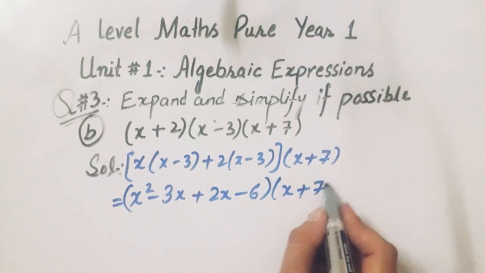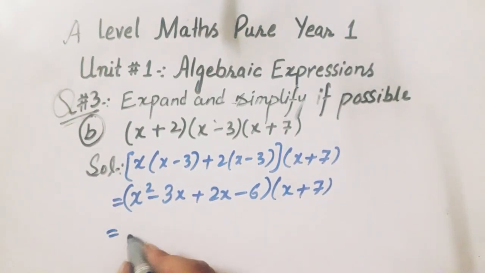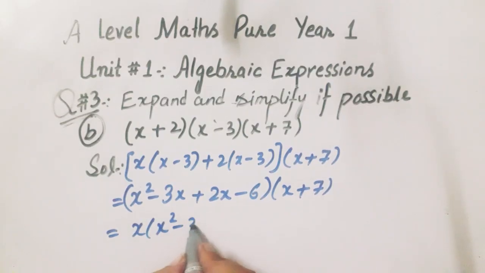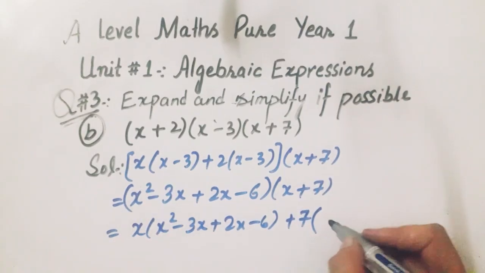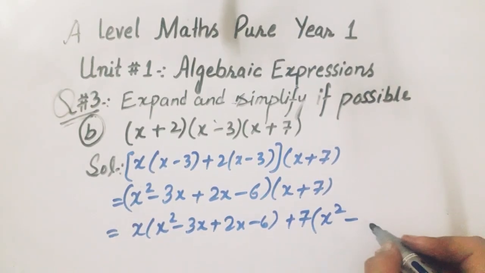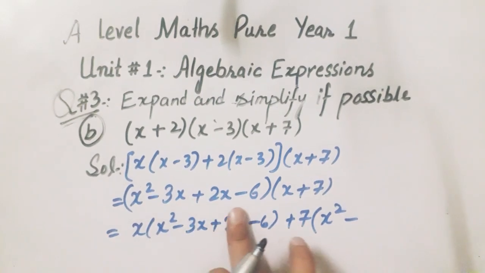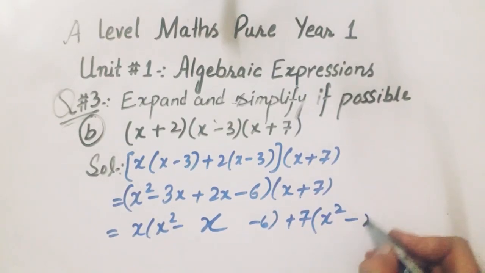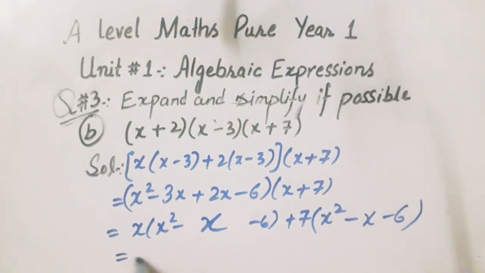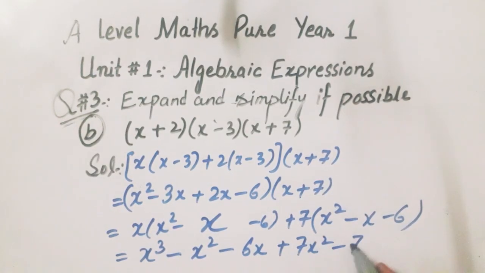Then multiplied by x plus 7. So x is multiplied by this, and then plus 7 is multiplied by this. And we can write minus 3x plus 2x as simply minus x. Then it will become x cube minus x square minus 6x. Here we have plus 7x square minus 7x minus 42.